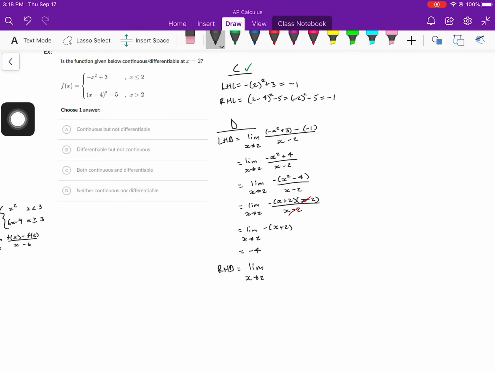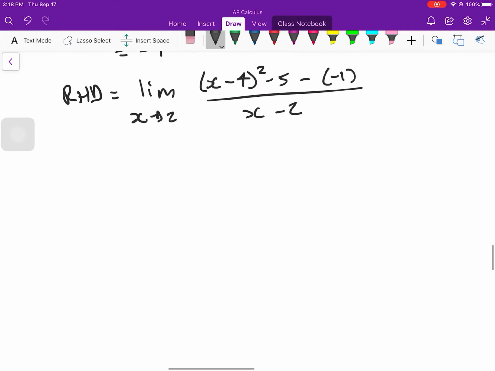Right-hand derivative. So we're going to use this one this time. So we're going to have x minus 4 squared minus 5. And if we plug in the 2 into there, f of 2 is going to be -1. So minus -1 all over x minus 2. Let's see what happens with this one. I'm going to zoom in this time. So we'll get x minus 4 squared is x minus 4 times x minus 4. If we expand that out, and then -5 plus 1 is -4.